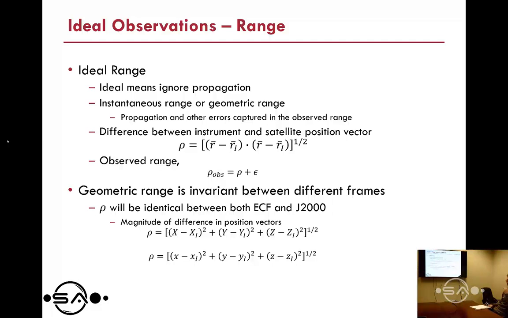And as you'll find out as we go along, a lot of what we do is going to be trying to reduce that residual, or reduce the variance obtained from the residuals. So we'll get some difference between the observed and computed, and we're going to try and minimize that residual, either through linear regression, least squares, or what have you.